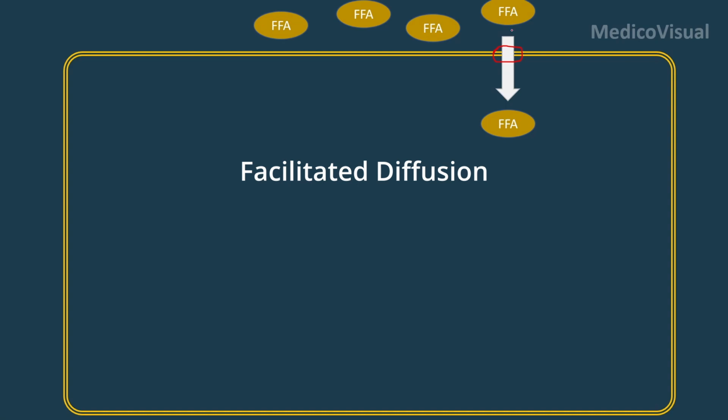As free fatty acids are raised outside the cell, there will be increased entry of free fatty acids inside the cell through its transporters. So we have fatty acid transporters here which transport through facilitated diffusion. They will take the free fatty acid inside the cell.